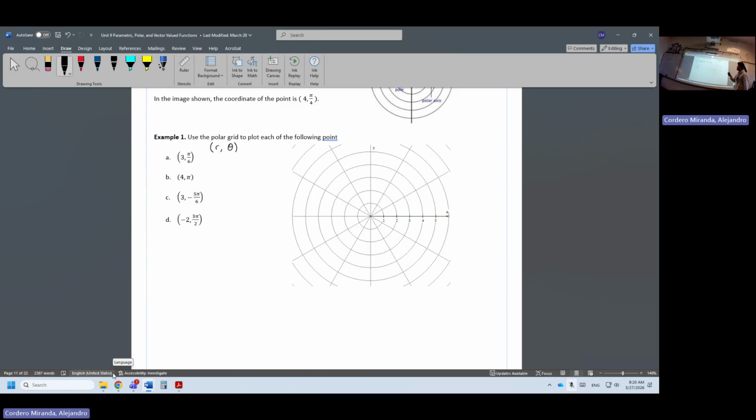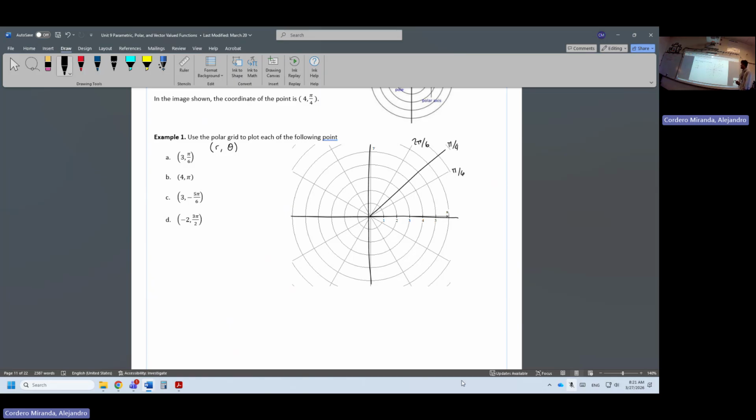So let me do just that. Here's the coordinate plane, like X and Y. So this is pi over 6, this is 2 pi over 6, and it's missing pi over 4 for whatever reason. So let me put pi over 4 right there.